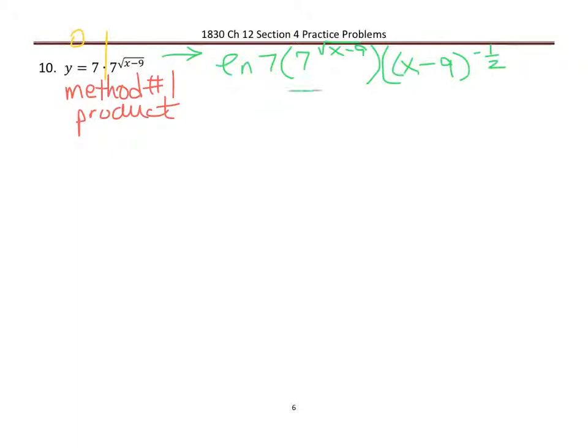And that's because this is actually x minus 9 raised to the 1/2 power. And so when you get the derivative, that drops the power down to negative 1/2. And it also puts a 1/2 in front. Or behind, but it includes that factor.